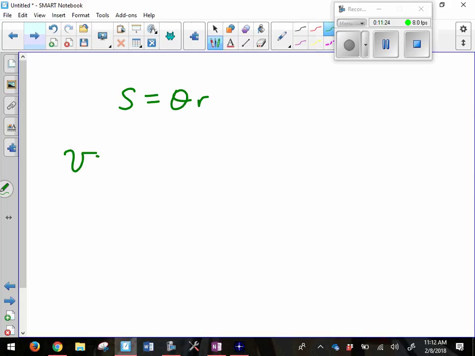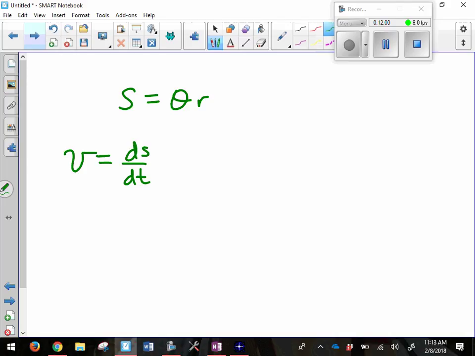So in chapter 2, how would I have gotten a velocity out of that formula? R is the radius, which is a constant, probably. How do I get velocity from position? I take the derivative, right? So I'm just using S here for position because if I use X, it looks a little weird because I'm not necessarily moving along the X-axis.